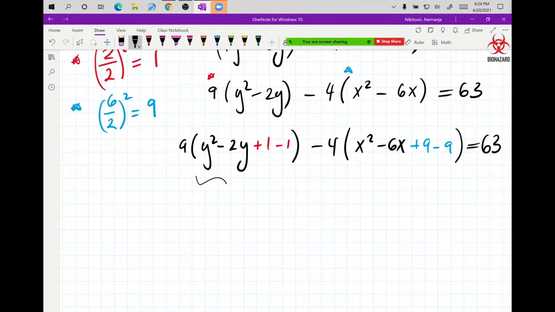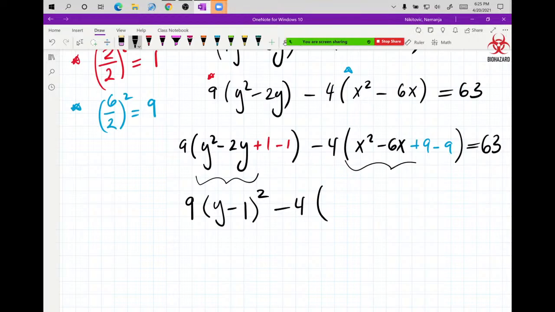So the first 3 terms will give you the completed square: y minus 1 squared, there's a 9 in front. Minus 4, open parenthesis, again, we look only... Oh, I forgot to bring this one out. Minus 9, because this 9 in front distributes to all 4 members. Now, 3 of those members were compressed into this one expression here, and it's still multiplied by 9.